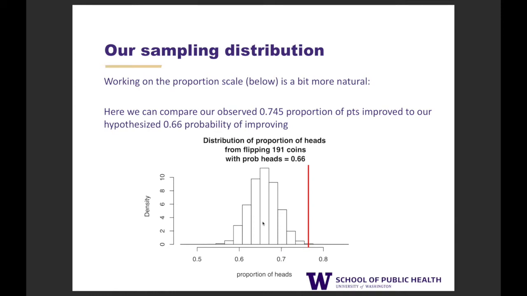So if this is the range of probable outcomes, we see that 0.745 is well into the tail. In very few of those trials did we observe a proportion as high as 0.745 of patients improving.